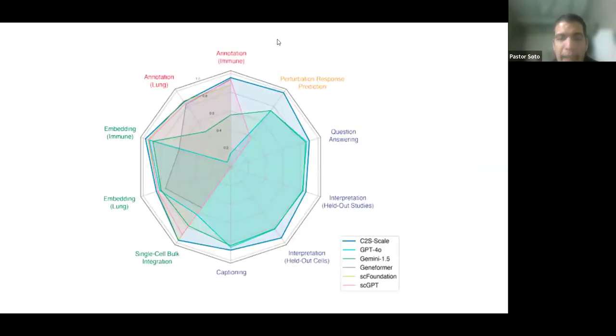So this is the chart that they use to describe the performance across different tasks.